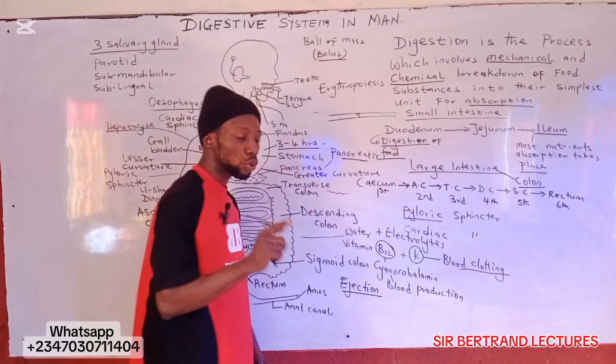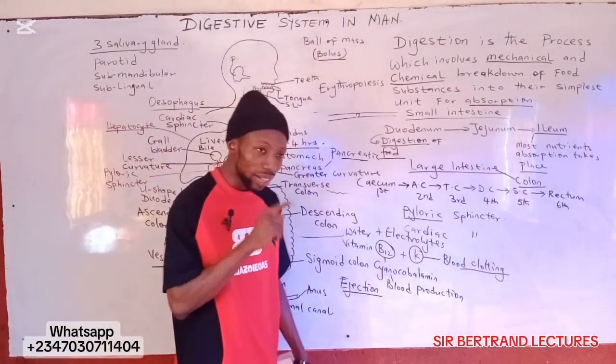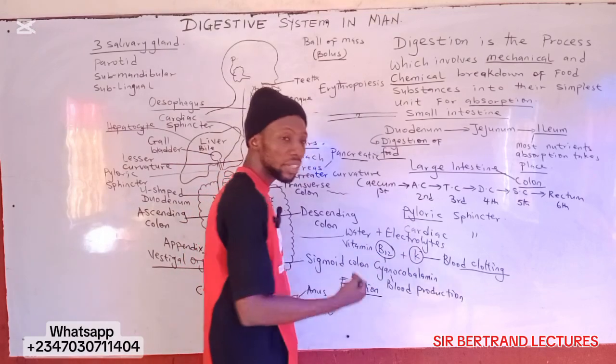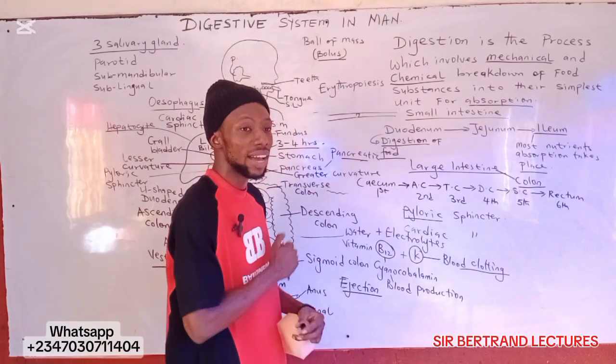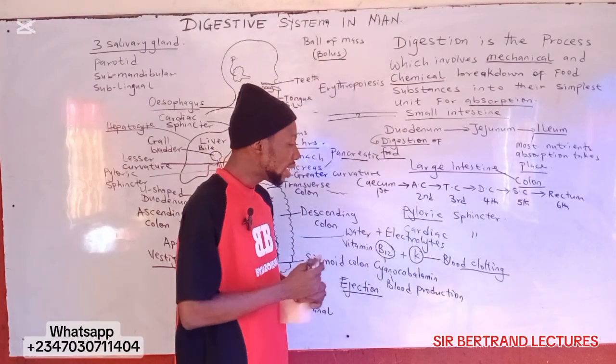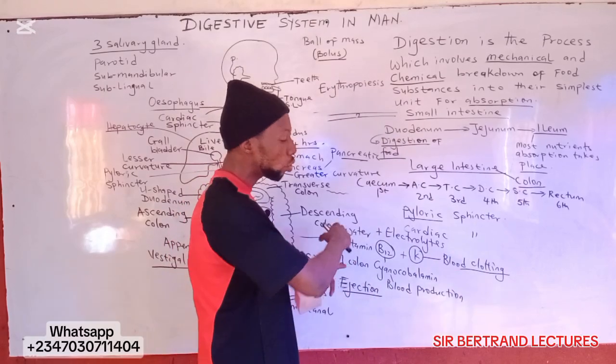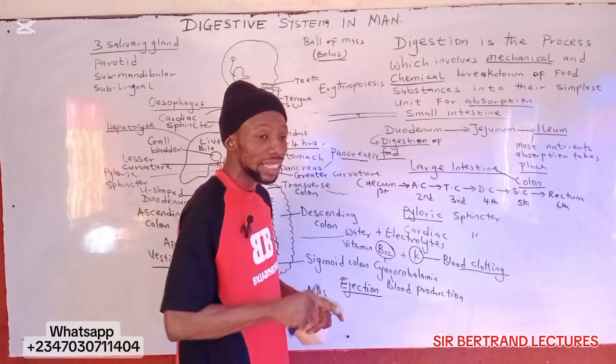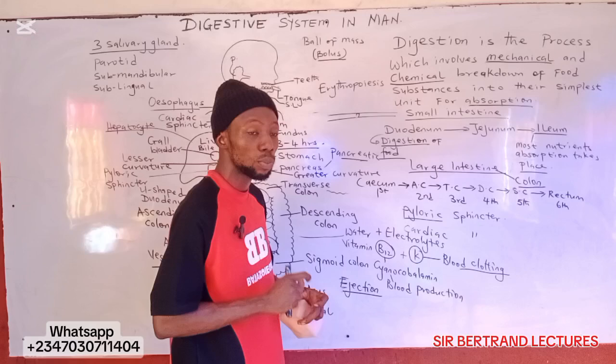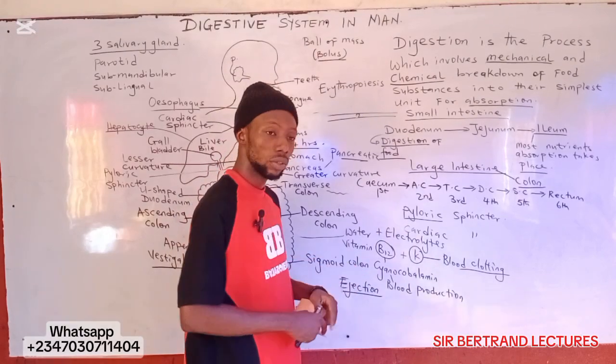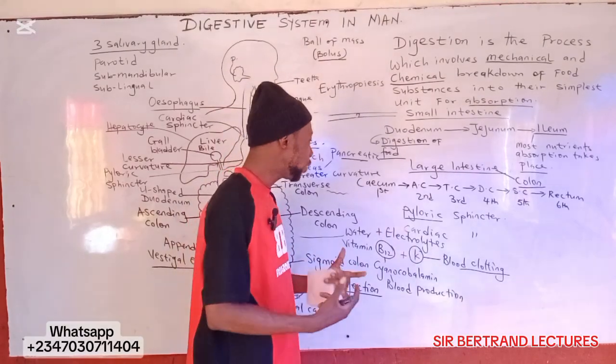If you go through your past questions, you were told that lack of vitamin K causes hemophilia. Hemophilia is the inability of the blood to clot over a wound to stop excessive bleeding so that much blood will not be lost during minor injury.